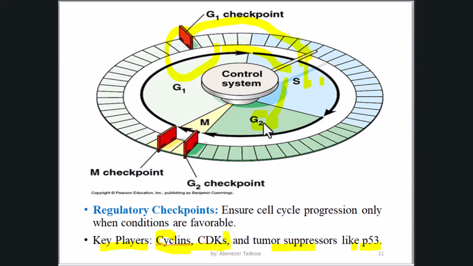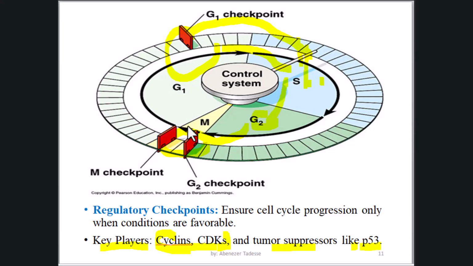After it enters the G2 phase, there are other checkpoints or guards. From G2 to M phase, as you see here, there is a security guard that controls entry of the cell from the G2 to M phase. If there is no DNA damage, the cell can transit to the M phase.